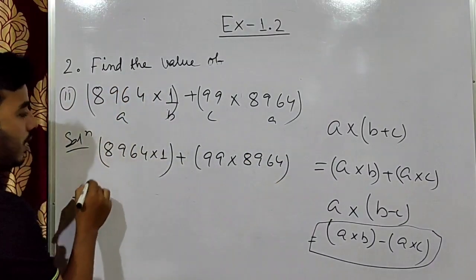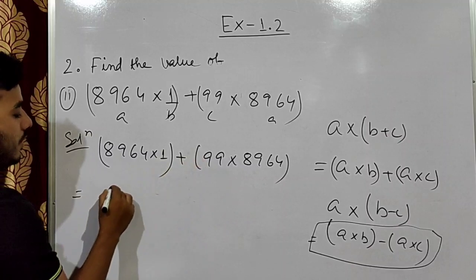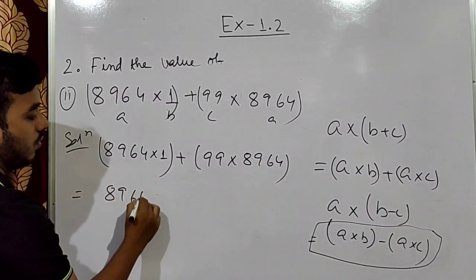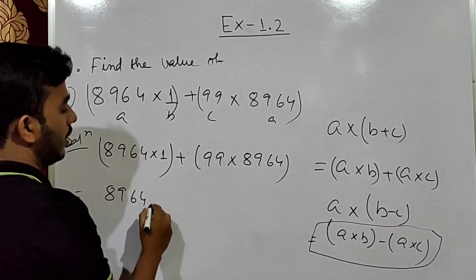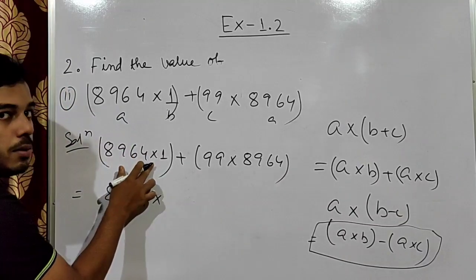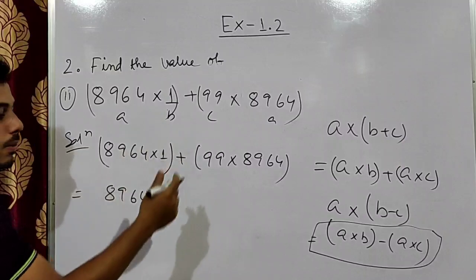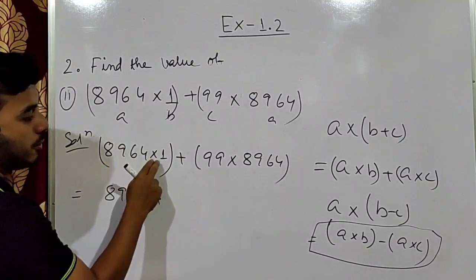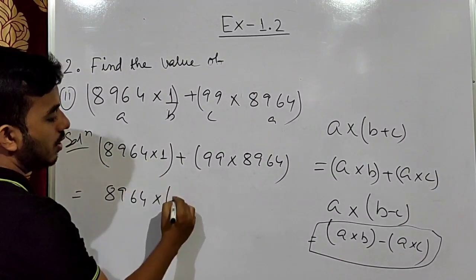So what will we take? We will take common 8964. If we take common, then give into sign. After 8964, what is the sign? It is the into, right? That is multiplication. Then after multiplication, we will give bracket 1.